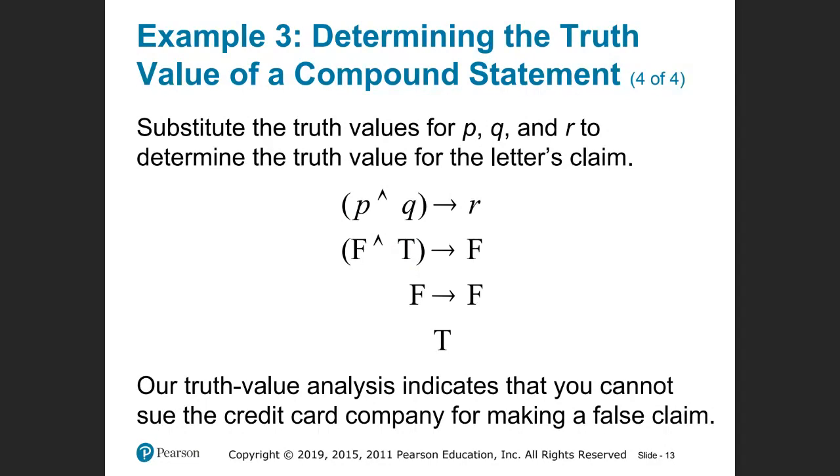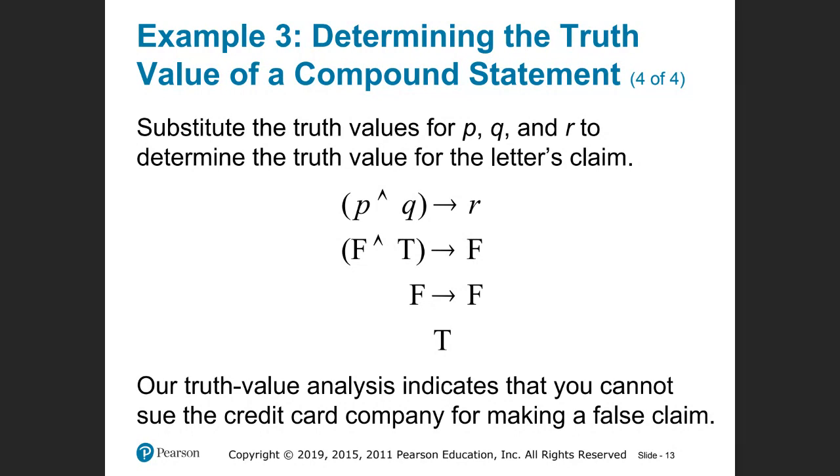All right, so we have the symbolic statement. We know that P is false, our numbers didn't match, and Q is true, R is false, we didn't win the $1 million. Well, F and T, all right, for an and, a conjunction, if either is false, if they are not the same, then it's going to be false.